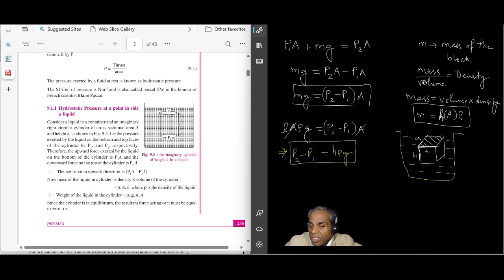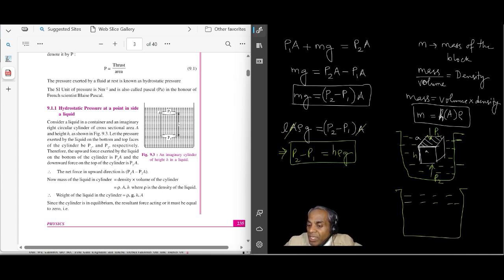So P2 minus P1 is the difference in pressure. This is the pressure P2, this is the pressure P1. So the difference in pressure at a depth H. If I remove the object, this is an imaginary object. So the pressure at this depth minus the pressure at this depth, that's what we are calculating. So I will again draw this figure for clarity without the object.